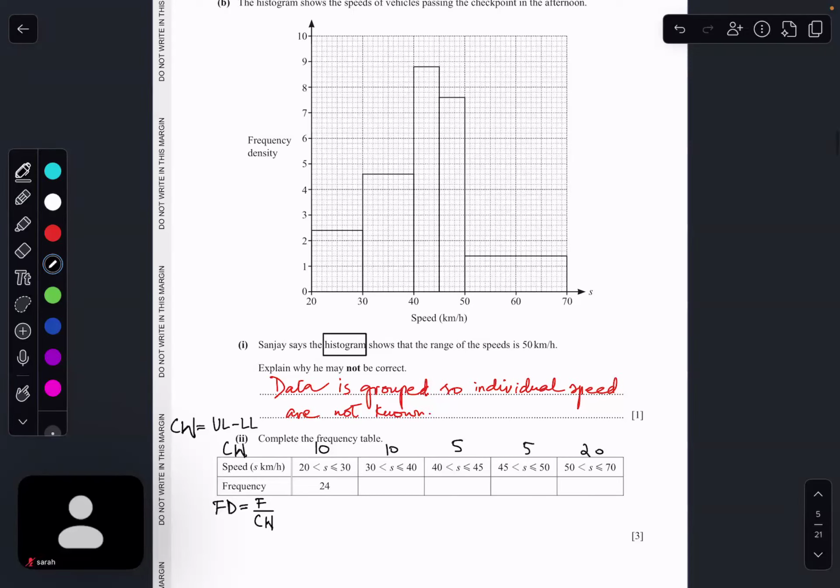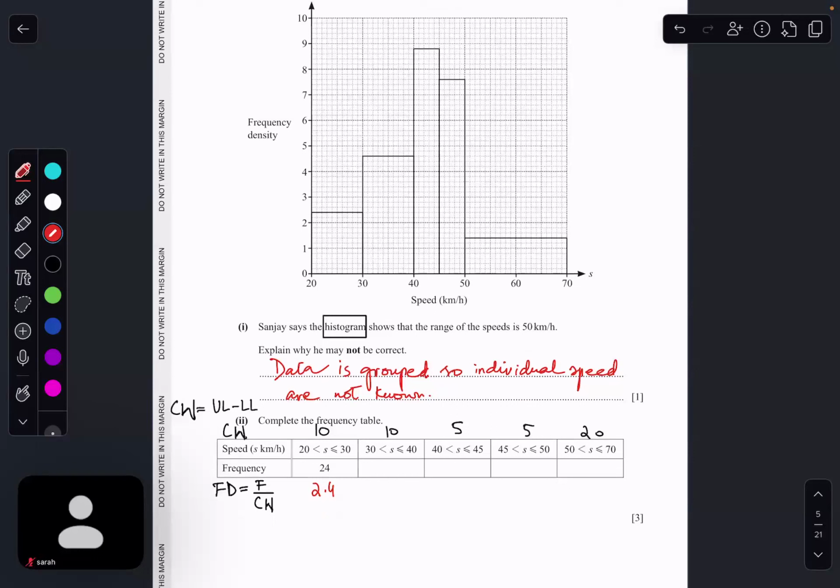Now, frequency 24 divided by 10, that would be 2.4. Okay. What about this one? We have to find the frequency for this. Do we have the frequency density for this class interval?